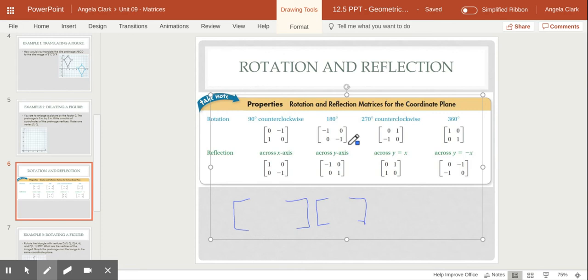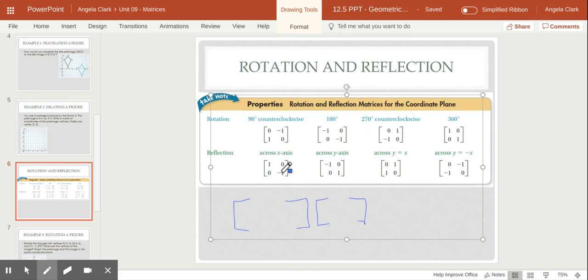It's not going to switch x and y. This one is going to change the sign on the x's, and it's going to switch x and y. This one is not going to change anything, which makes sense because a 360-degree rotation is a full circle, which means it doesn't change anything. So this is just the identity matrix.